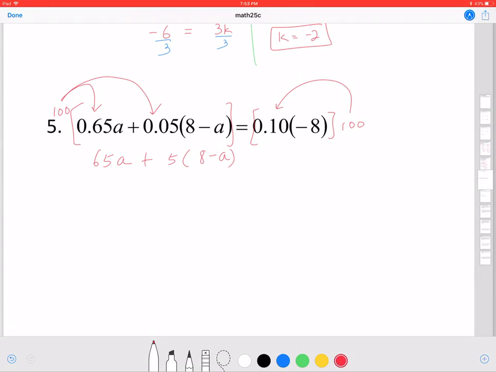Again, nothing in the parentheses changes. And that would give me 10 times -8. Let's continue. 65a plus distribute 5, 40 minus 5a is equal to -80.